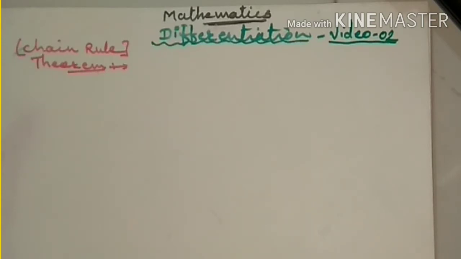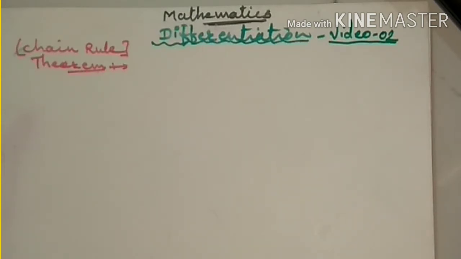Yesterday we saw the basic algebra of differentiation: addition, and subtraction of two functions. If y is a product of two functions u and v, then that is the product rule. If y is a division of two functions, let's suppose y is equal to u by v, then that is the quotient rule.